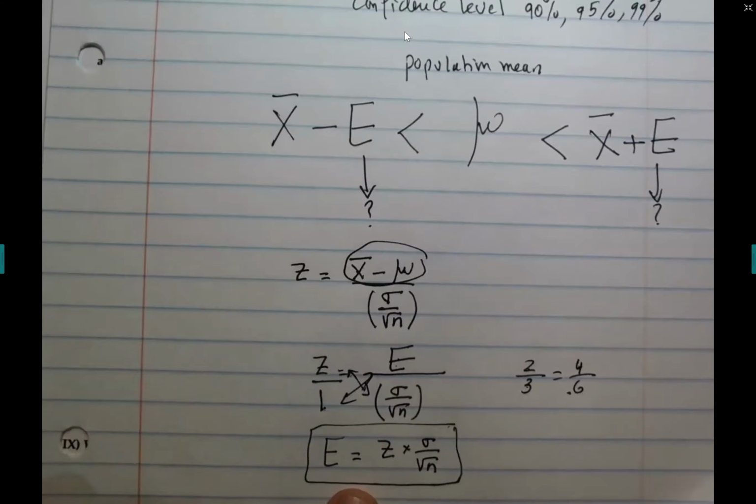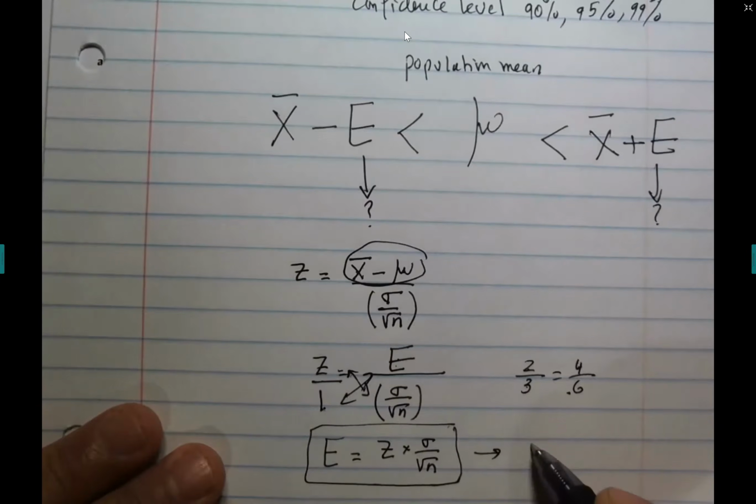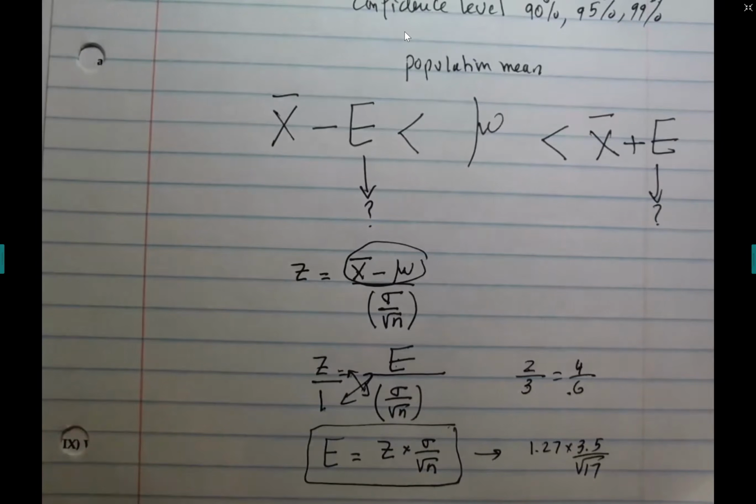We will be using this formula to show you how to find the margin of error. I don't know if you recall, when I was doing an algebra review, I asked you to do something like that. It's pretty much this number times that number divided by a square root.